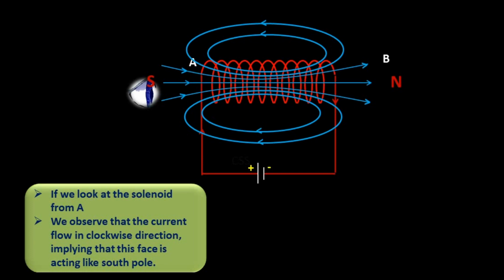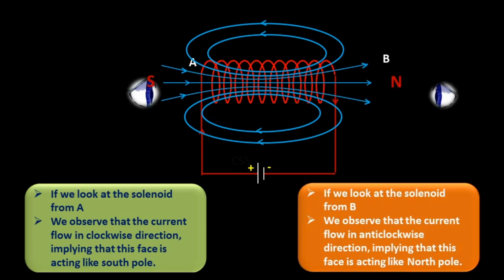So this is the south pole of the magnet, when current passes from side A to B. If we look at the solenoid from B, we observe that the current is flowing in anti-clockwise direction, implying that this face is acting like a north pole. So these are the two poles of the solenoid.